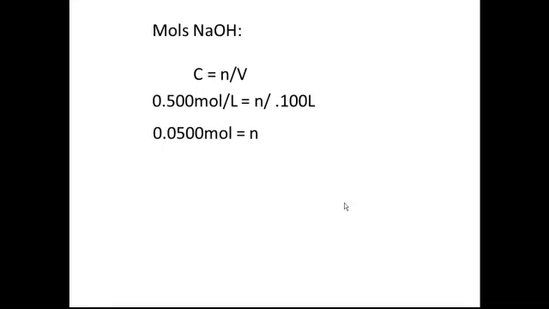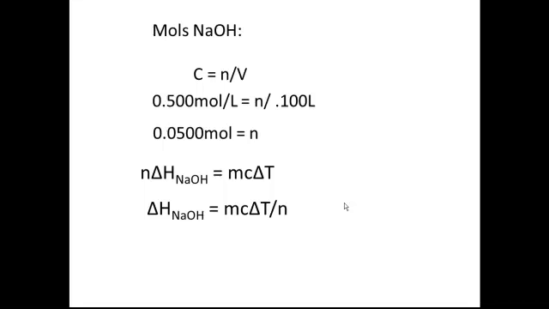Now from there we can take our equation, the n ΔH of sodium hydroxide, it's going to equal mcΔT. We'll divide both sides by n, the number of moles, and that'll give us our change in enthalpy for sodium hydroxide. Okay, it'll equal mcΔT. Now that mcΔT is from the calorimetry. The n that we're dividing it by is the number of moles of sodium hydroxide that we have.